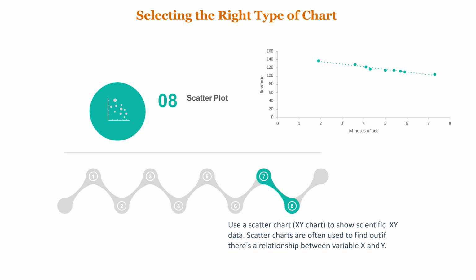Okay, so we have the scatter plot charts. I'm sure growing up in mathematics, you've heard about X and Y, so you're trying to show scientific data. Scatter charts are often used to find out if there's a relationship between two variables. You want to look at the relationship between the x-axis and the y-axis. So if you look at this, you're trying to look at revenue and minutes of ads. You're running adverts on different platforms, right?